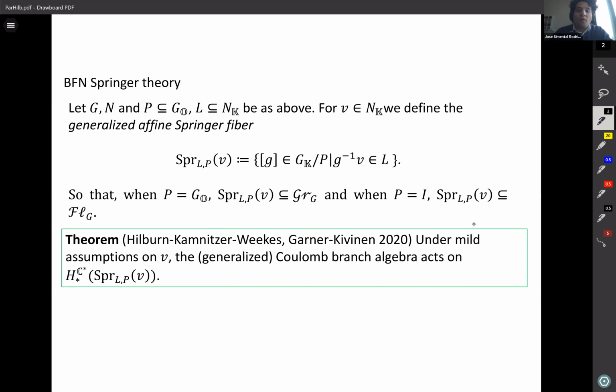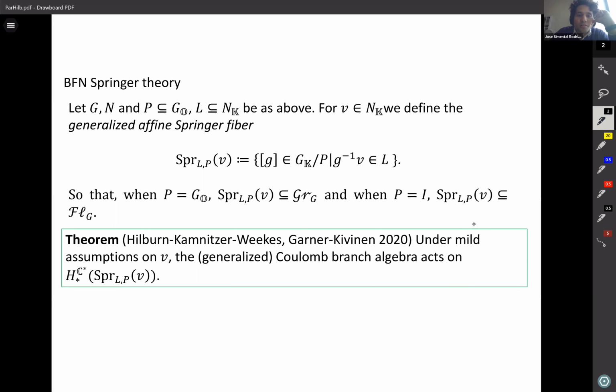I will consider all those spaces in this affine Grassmannian or similar. When P, for example, is G(O), I have the affine Grassmannian. When P is the standard Iwahori, I have the affine flag variety that satisfy these conditions. So essentially I have a projection to N(K) of the space that you use to define the BFN algebra, and I take the fibers over that projection.